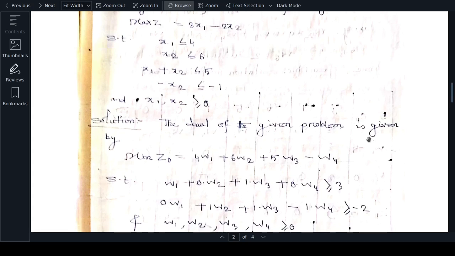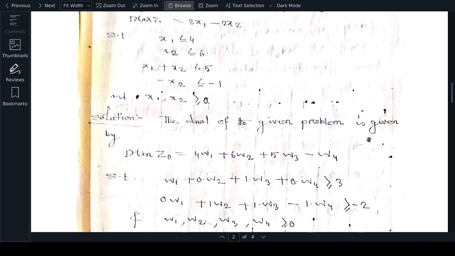And the next one is 0 into W1, because the x2 coefficient in the first constraint of the primal is 0. In the second constraint the coefficient of x2 is 1, so plus 1 into W2.